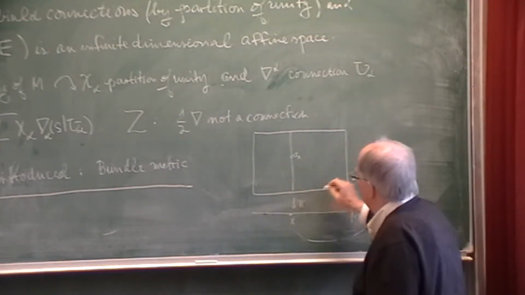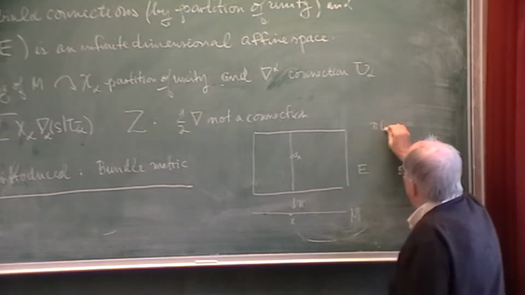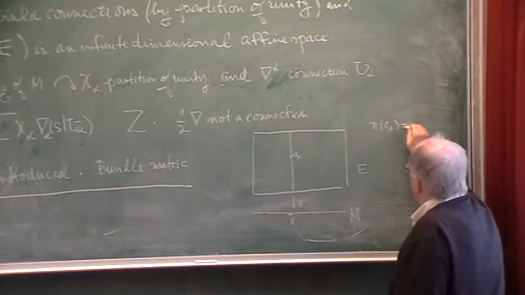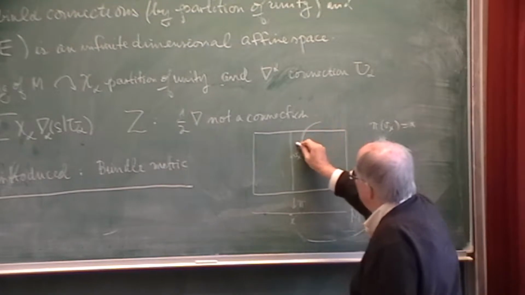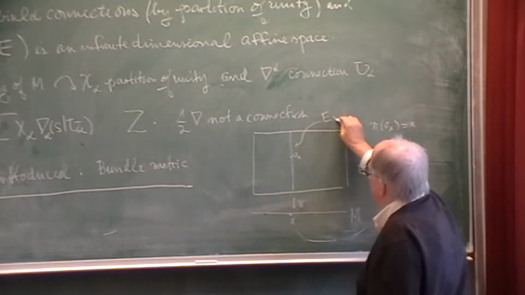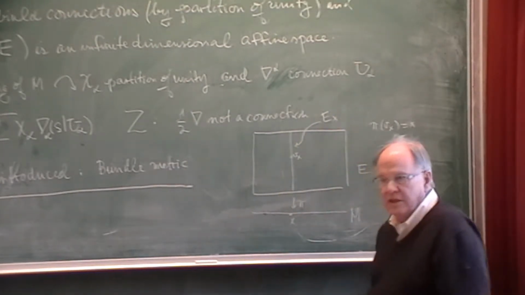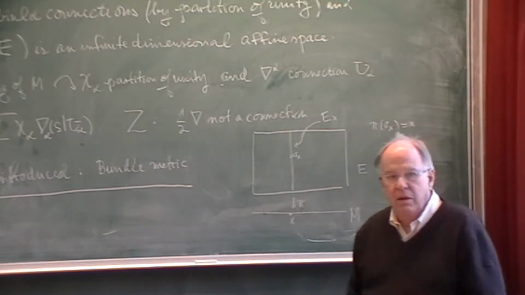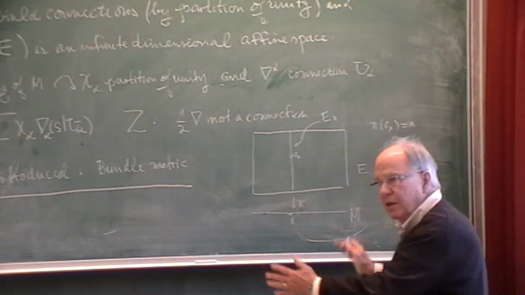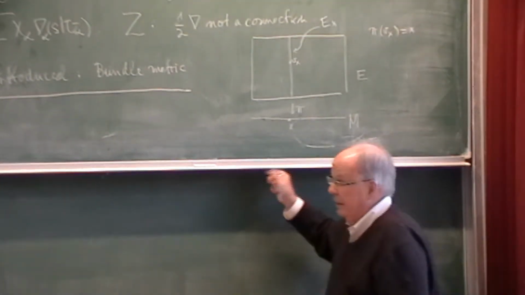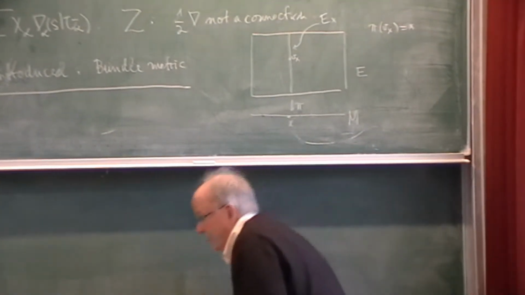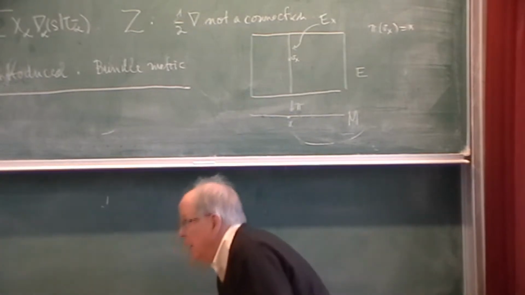So quite often I write Vx, and pi of Vx equals x, so it just maps it down there. This is a vector space. This thing is called Ex. Okay, that's the picture we always had. Of course, everything is smooth here. I mean, it's not just formal. Okay. That's all a vector bundle is. It's a bundle of vector spaces.